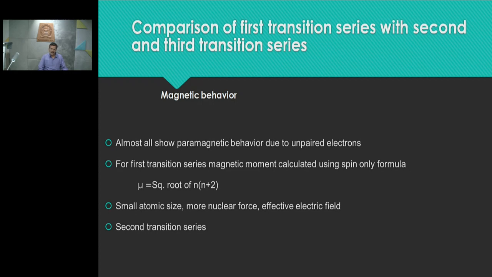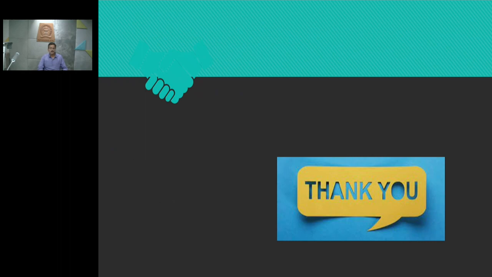When we see the magnetic behavior, almost all show paramagnetic behavior due to the presence of unpaired electrons. The first transition series magnetic moment is calculated using the spin only formula, mu equals square root of n(n+2). Then small atomic size, more nuclear force, effective nuclear electrical field. So these are some comparisons of the first transition series with respect to the second and third transition series. Thank you so much.